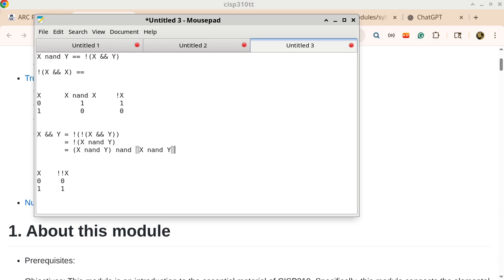So from your perspective, you probably want to double check in the truth table that this is really the same thing. If I were to spell this out in a long way, and this is the way I do things, I do it in a structural way. So this is the outer NAND, and then the inner NAND is not X and Y, and that is repeated.